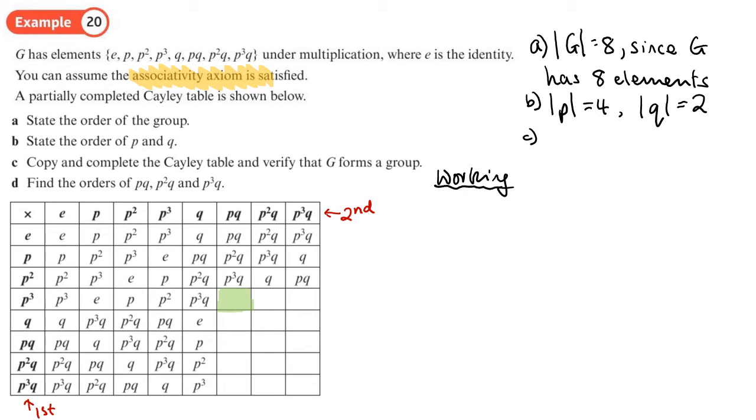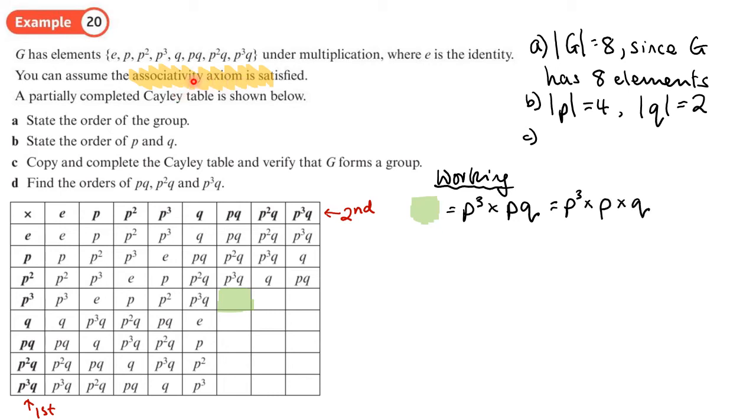So this first box here that we've got in green, P cubed times PQ. Now from the table, PQ, where do I find PQ? PQ is here, is actually P times Q. So I can write this as P cubed times P times Q.